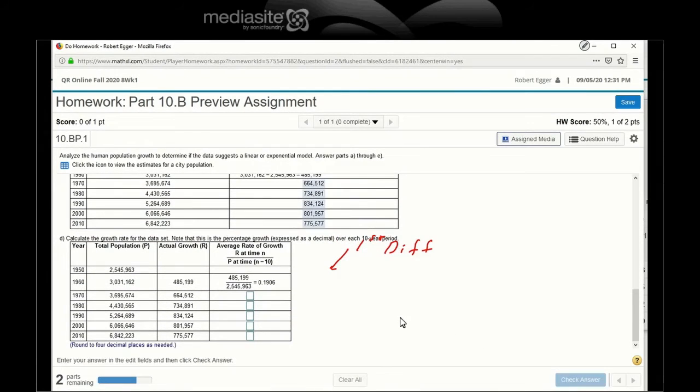And now they want us to do the average growth rate, which remember is going to be the first difference, the actual growth, divided by the previous decade's population.